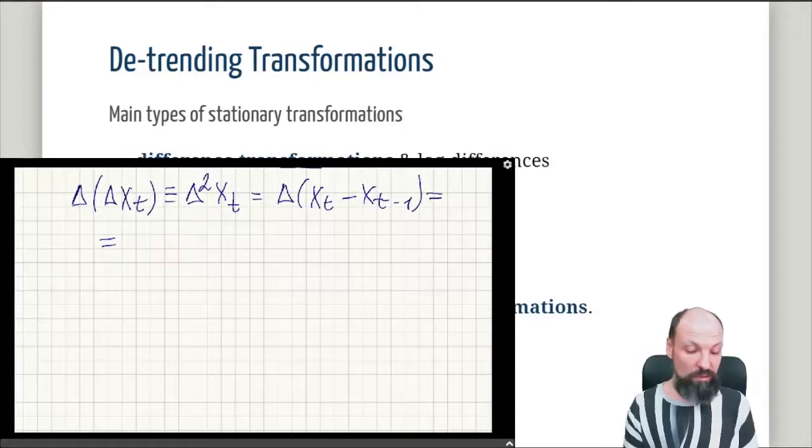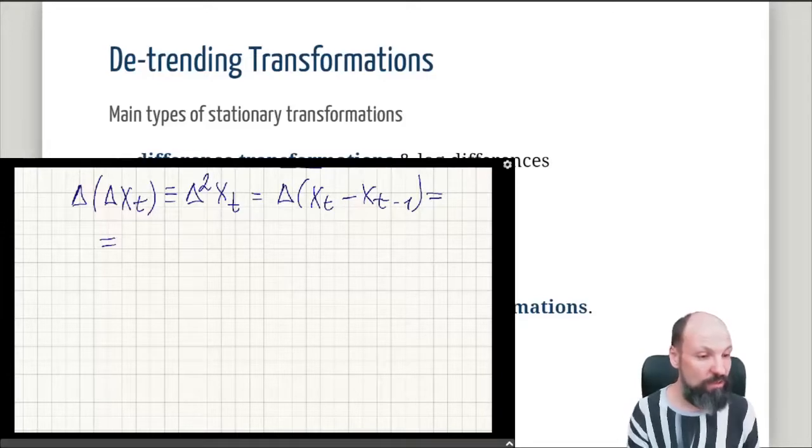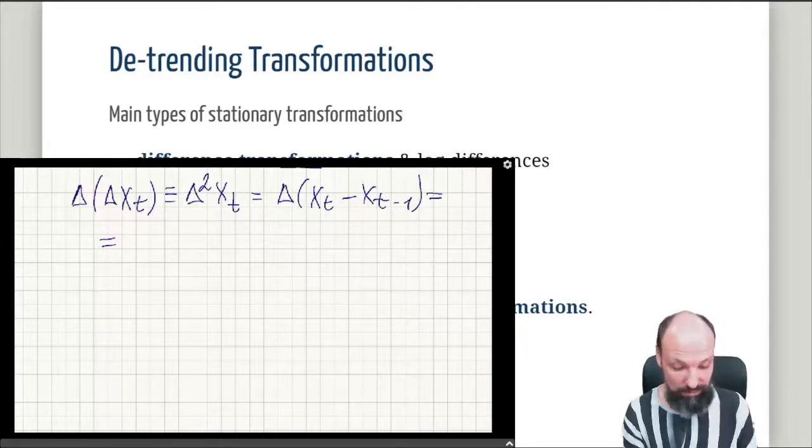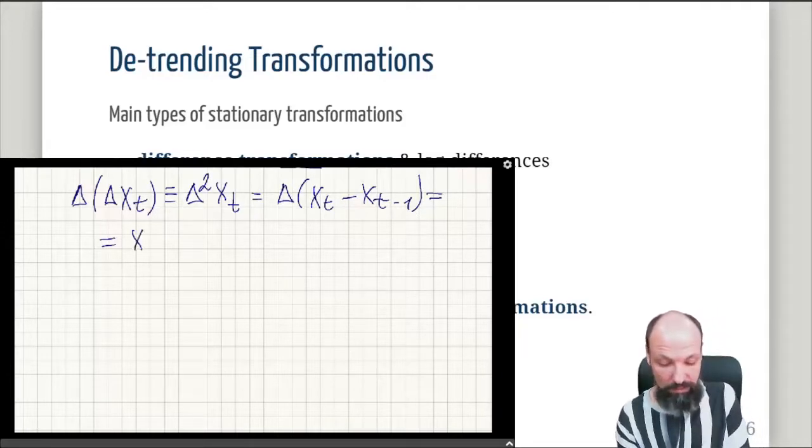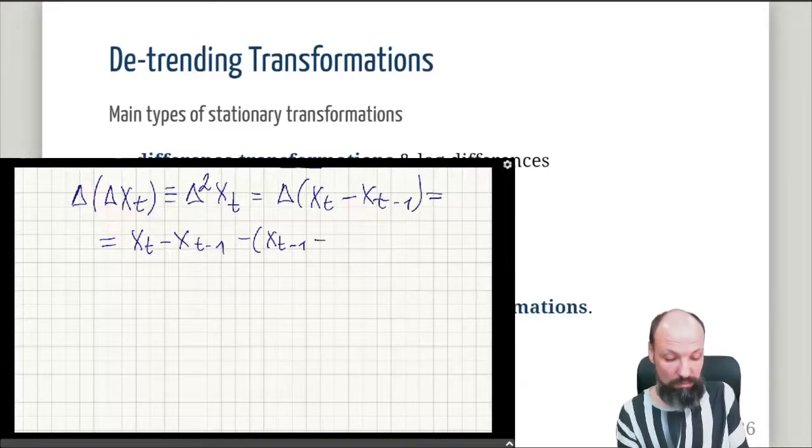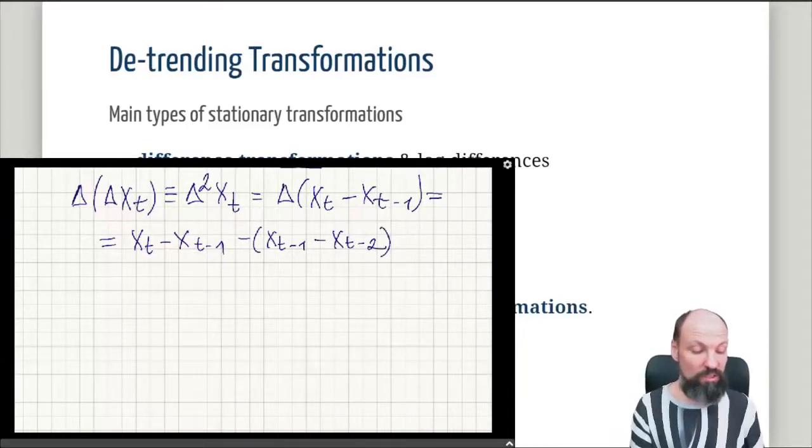Now, if you continue to expand this expression for the second difference, it is going to be something quite ugly. This is just applying the definition of the first difference one by one. So the second difference is the first difference of the first difference.